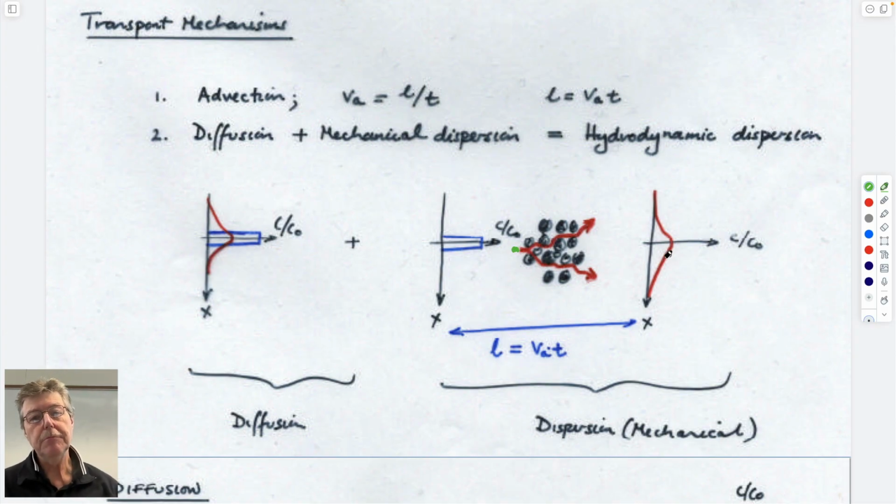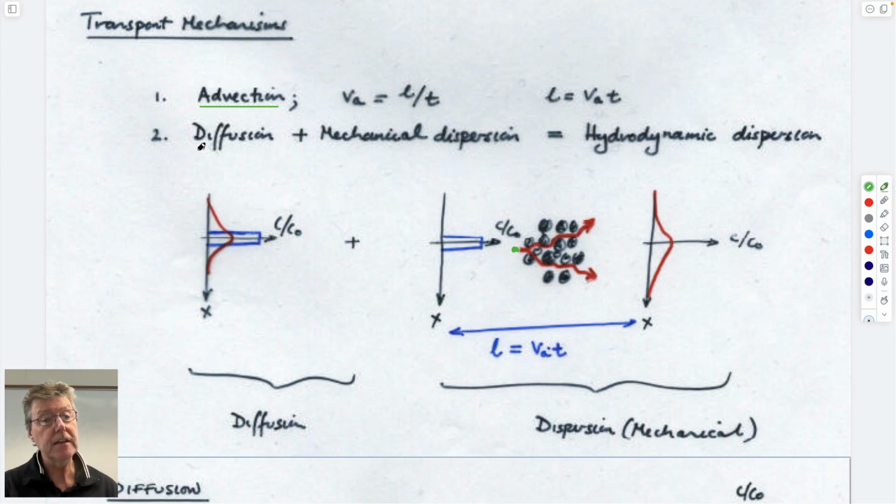These are two processes that act at the same time in a porous medium. The blob is carried physically downstream by advection, which means it goes a particular length in a given time, described by the advective velocity. Think of a beaker at point A and then at point B later on. As it does that, it spreads out and diffuses. So advection carries the material downstream, but at the same time it also diffuses.